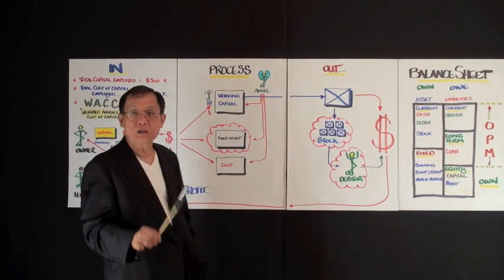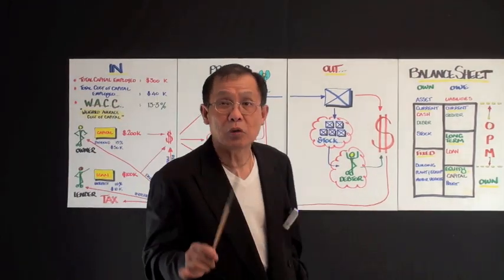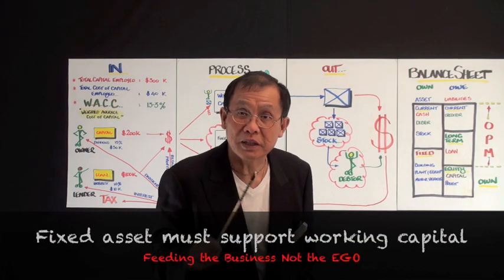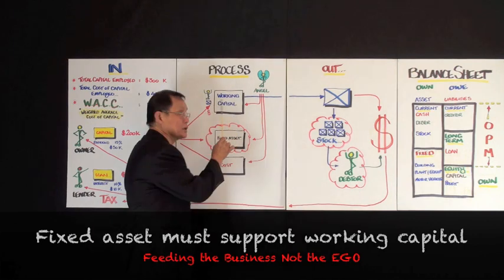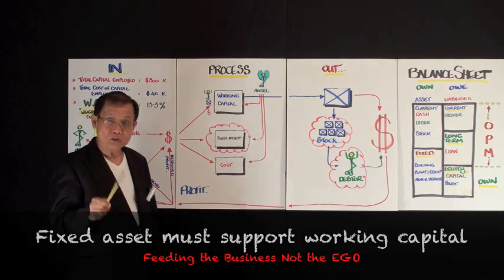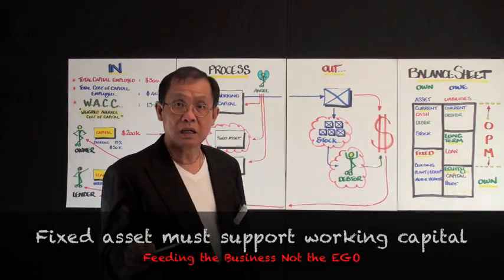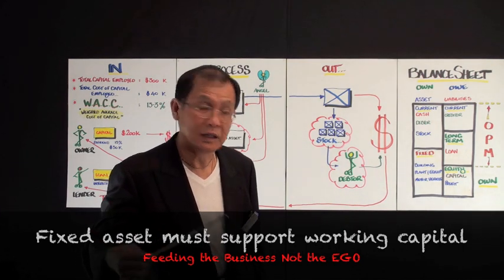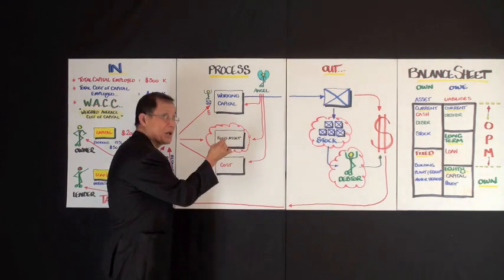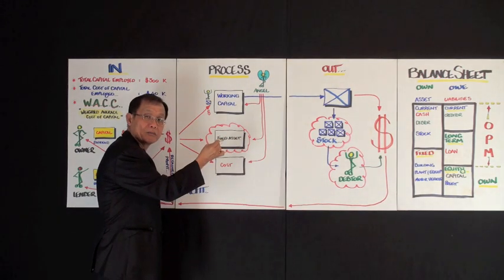One of the biggest blood clots is when money comes in, business people go buy a big car. Nothing wrong with the car, so long as that car helps working capital to create money. Most of the time, that car only boosts the ego of the owner. It is a big blood clot.